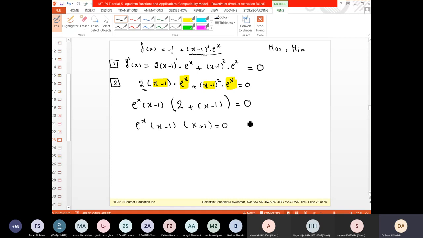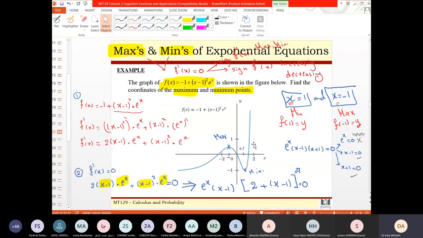I have 3 things multiplied equal to 0, so one of them is 0. Either e^x, which never happens, or x minus 1 equals 0, meaning x equals 1, or x plus 1 equals 0, which means x equals minus 1. We agreed that by looking at the graph, at minus 1 it's a maximum and at plus 1 it is a minimum.